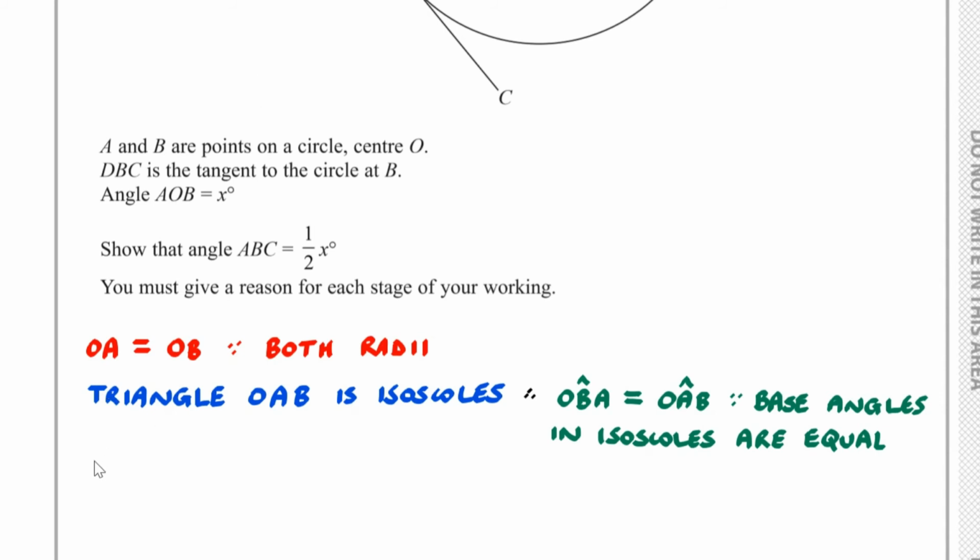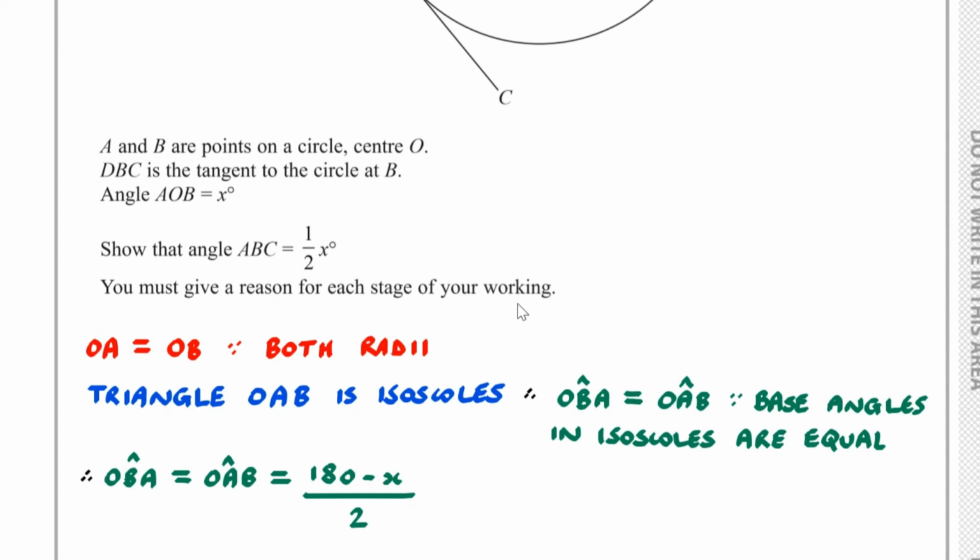So the angle OBA, which is equal to OAB, will equal 180 subtract x, divided by 2.